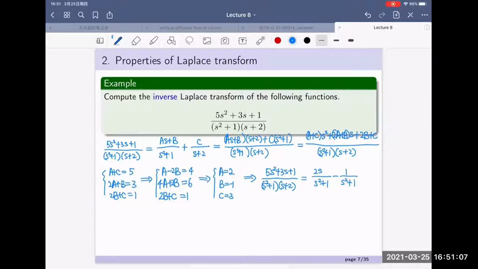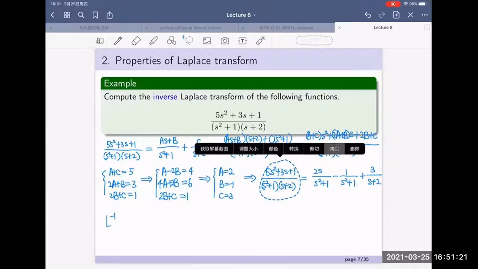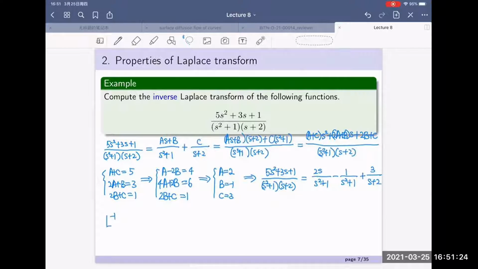And the third term would be C, which is 3, divided by s plus 2. So you have these three terms, and then you apply the inverse Laplace transform. Applying the inverse Laplace transform to the original function is equivalent to applying it to the three terms respectively.